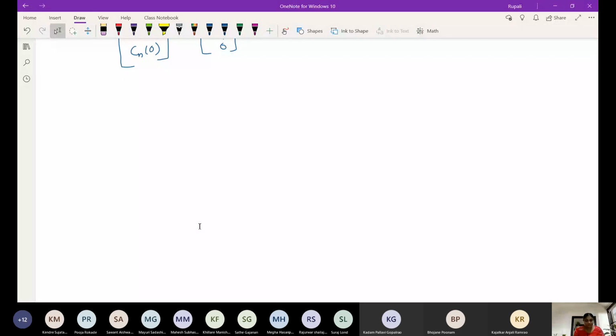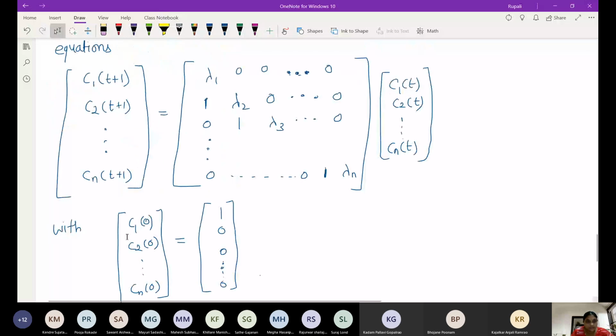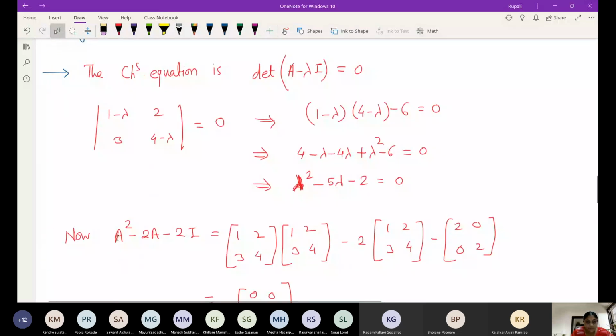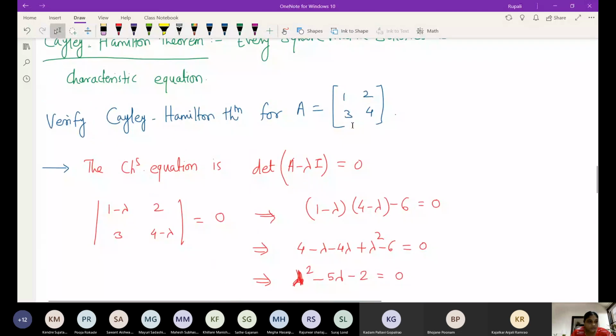Proof. So what is the Cayley-Hamilton theorem? Every matrix satisfies its characteristic equation. Just now we have seen this is a 2 by 2 matrix, right?